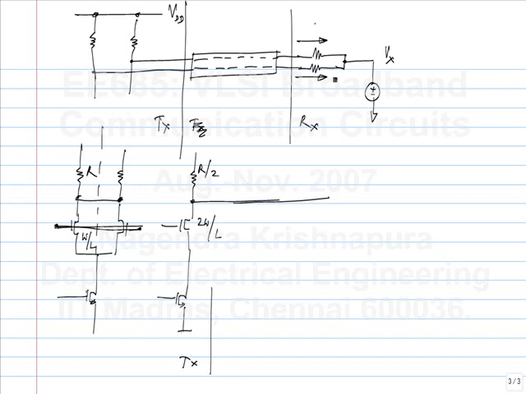What happens in the common mode? So this is the common mode picture of the transmitter, and the transmission line is just a wire for DC. What is the common mode picture of the receiver? It is a single resistor R by 2 connected to Vx.